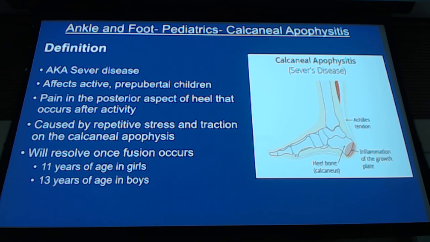So normally those patients would present with pain at that site. Very classic because there aren't too many things that live at the posterior aspect of the calcaneus. You've got the Achilles tendon and you've got the heel bone, right? The heel pad is absolutely essential for weight bearing.